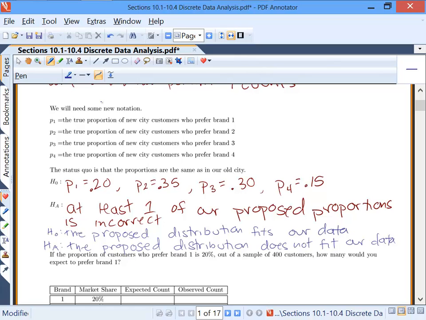Now let me ask you, if the proportion of customers who prefer brand 1 is 20% and we have a sample of 400 customers, how many would you expect to prefer brand 1 and how would you figure that out?